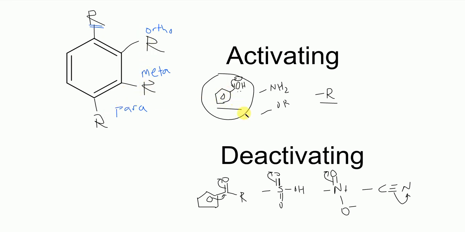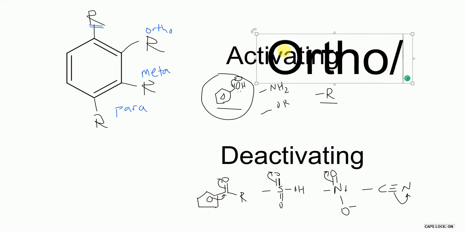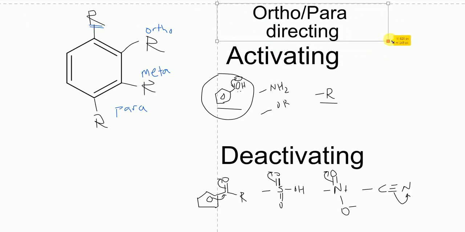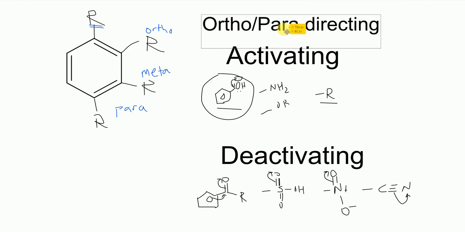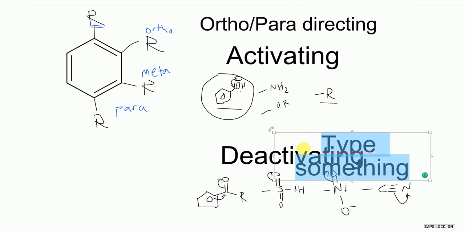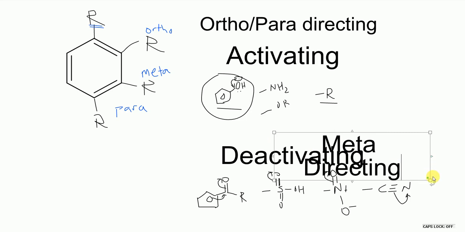So if I'm doing an addition of Br, OH and other activating groups are ortho para-directing. I will show how this makes sense; we'll look at the resonance forms soon. These are ortho para-directing, and deactivating groups are meta-directing.